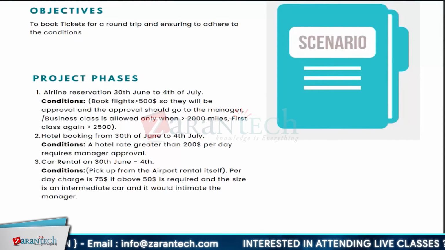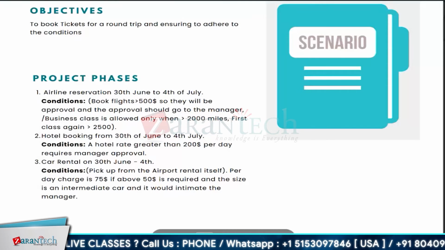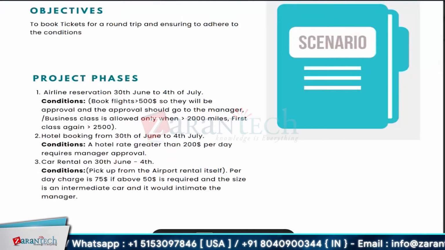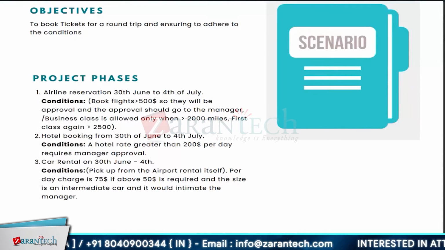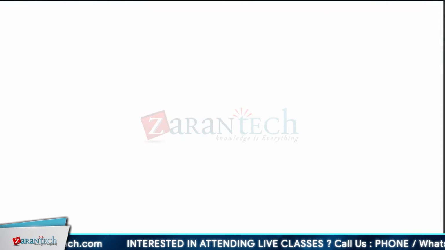The condition is pick up from the airport rental itself. Per day charge is 75, if above 50, this is somebody written. There are some things missing. It's okay. Don't consider the 75. If the day charge is more than 50, it goes for the approval. So that is the first scenario.